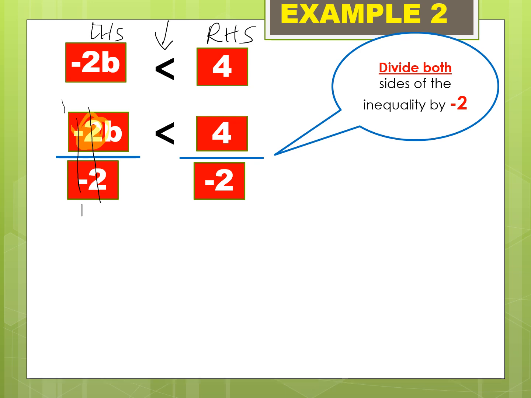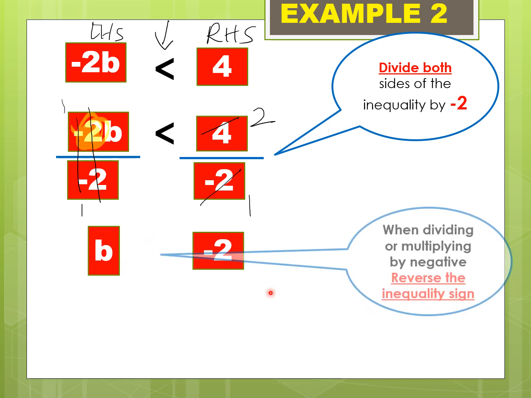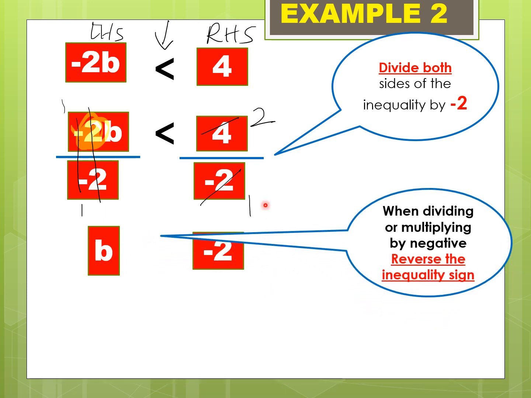Now when you divide a negative into a positive, you're going to get a negative. So we know that 2 into 2 is 1, 2 into 4 is 2. But because of this negative sign, our answer is going to be a negative 2. Okay? So another rule associated with inequalities is when you divide an inequality by a negative, you reverse the inequality sign.